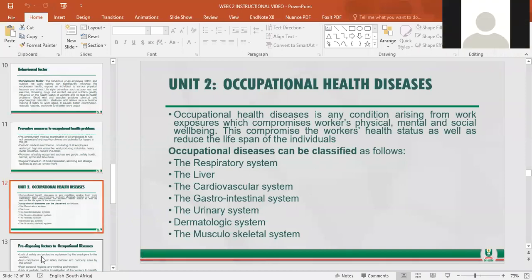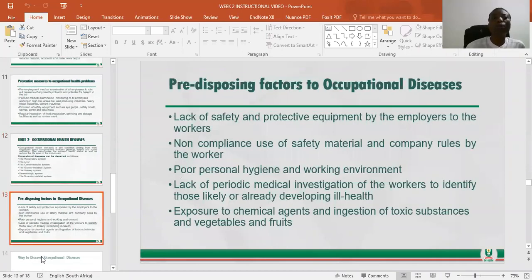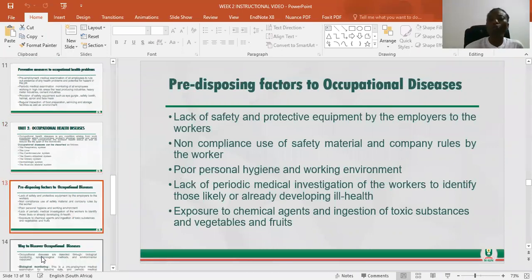So we've seen that, and we want to look at the predisposing factors to occupational disease. What are the things that can predispose employees to occupational disease? Let's mention them. Factors predisposing employees to occupational diseases.